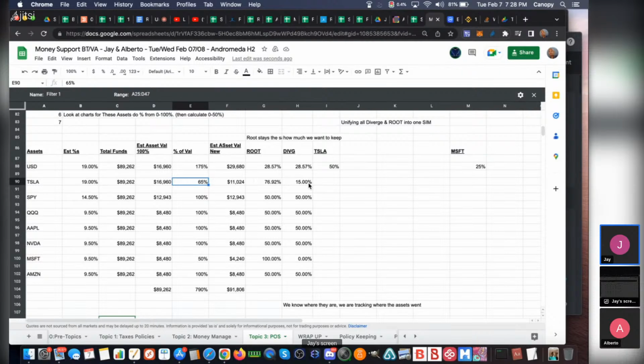Right? 35 plus 15 is 50. And then up here, instead of 50%, we're going to say 35%. And then instead of 175, we're going to cut it to 160. And everything should equal out. See at the bottom, everything equals out.